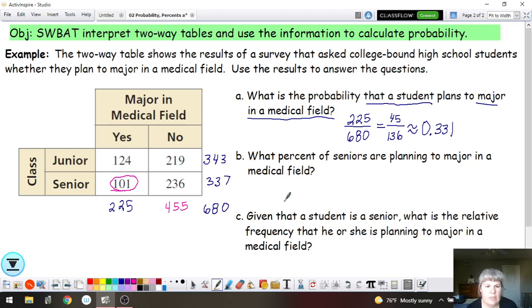We have 680 students, so 101 out of 680. Let's change this to a decimal. That is approximately 0.149. Multiply by 100, or move that decimal 2 places to the right, and that is approximately 14.9%.